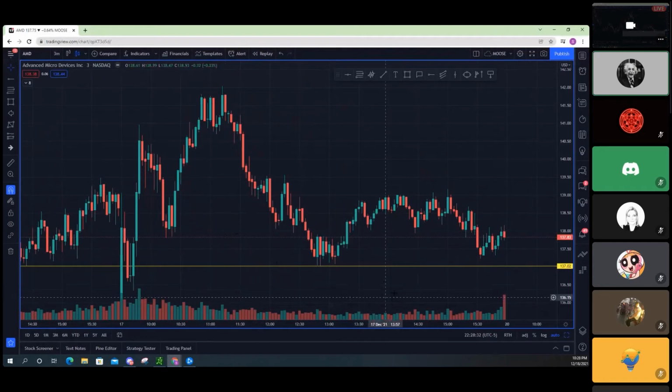If I know the previous day low is 137.02, it's not a bad level to take the trade from it long. And you can see what happened here. The bulls actually defended this level, and they really wanted to close this above 140. They've been trying to get it back above 140 so badly, but they haven't been successful.